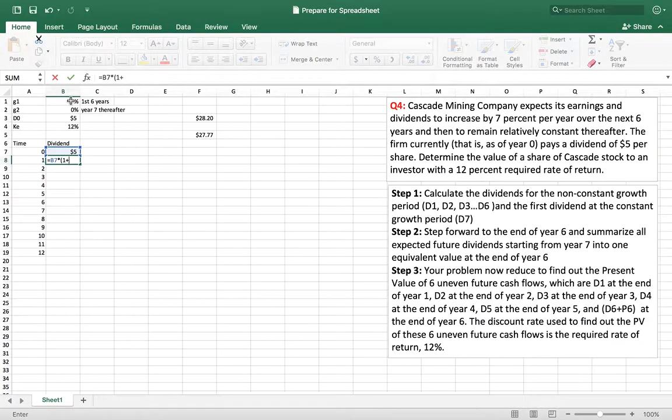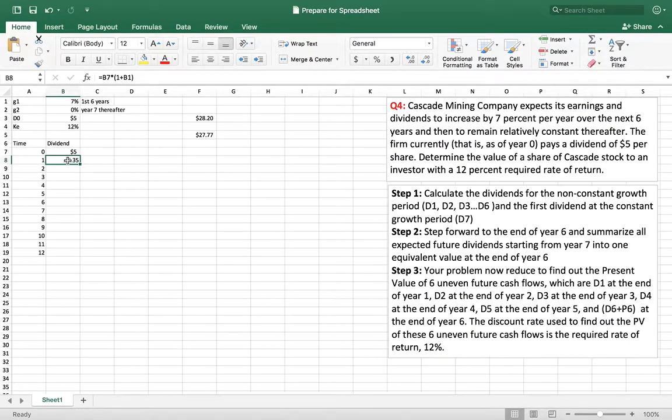So I click on cell B1 and then I type the closing parenthesis. I have completed the formula in cell B8, so I click on enter. The formula created in cell B8 applies to all the other periods, so I can copy down the formula to complete the dividend information needed.